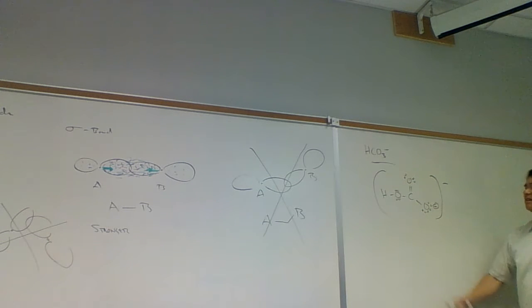And it turns out there are going to be two resonance forms for this. And two resonance forms are going to be what we had drawn up earlier. Actually, I did this yesterday, right?